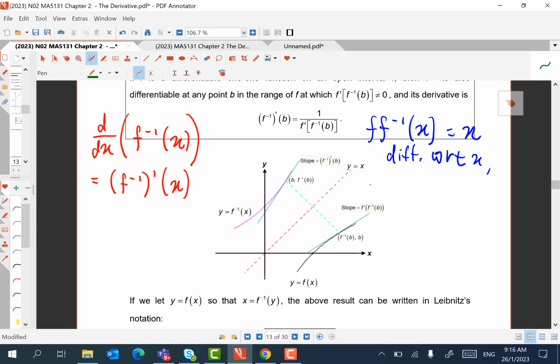It becomes f prime of that one, times the inverse prime of x. Equals to? Therefore, 1, right?